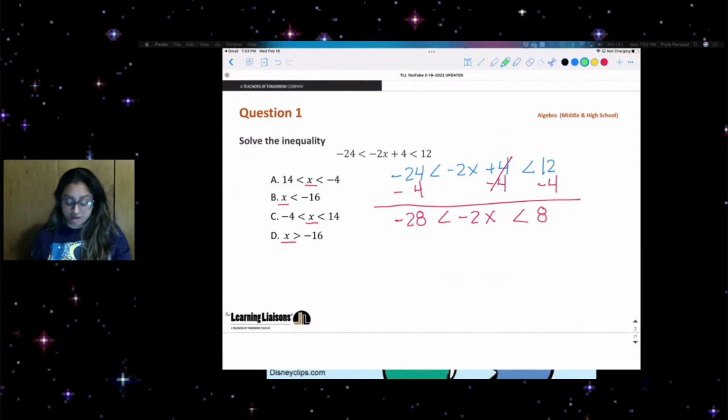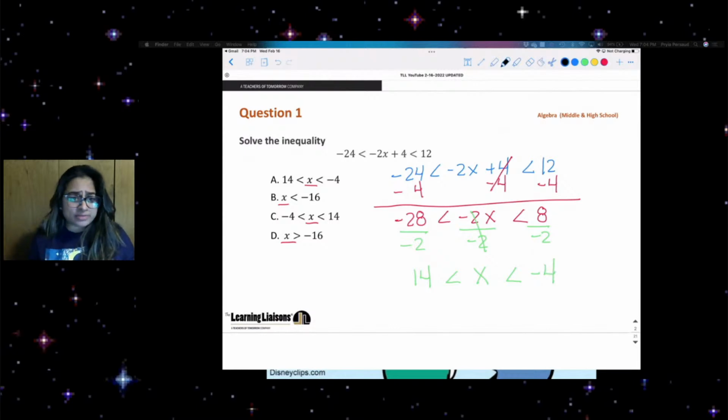You do the opposite operation. So we're going to divide everything by negative 2. Negative 2 goes into negative 28 a positive 14. Then I bring my x down, and then I have negative 4 on the other side.